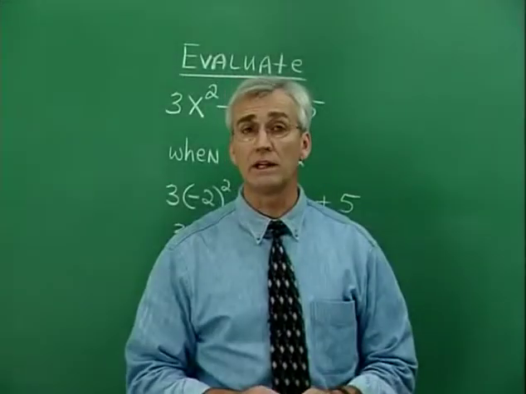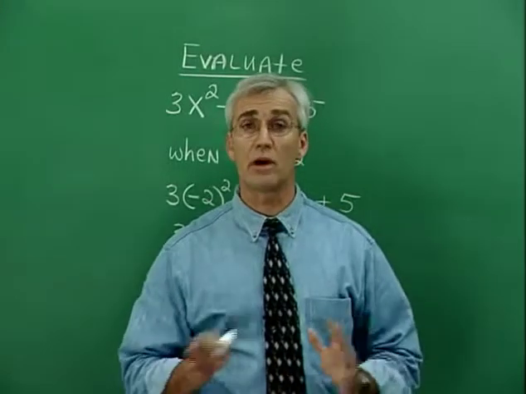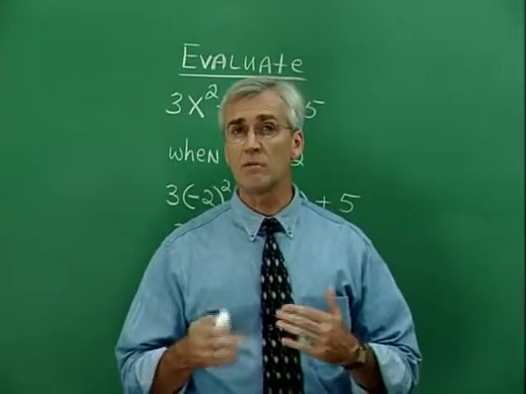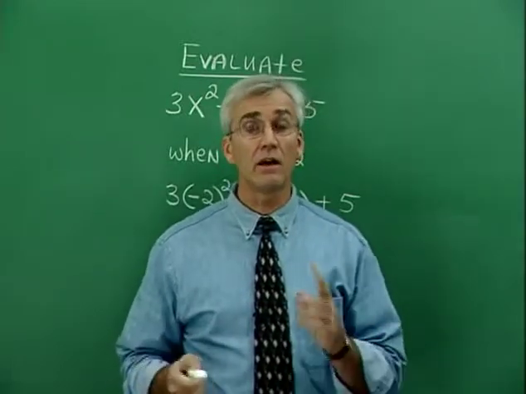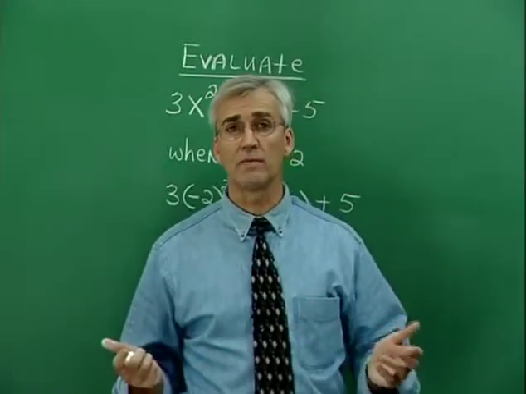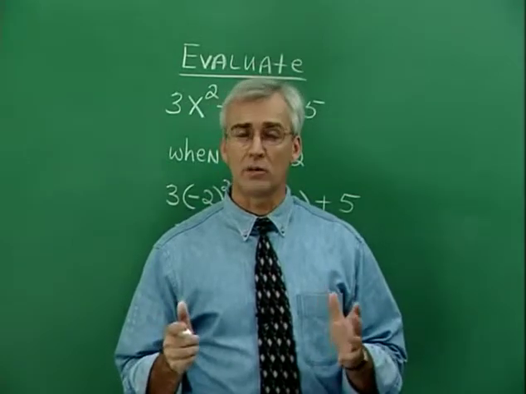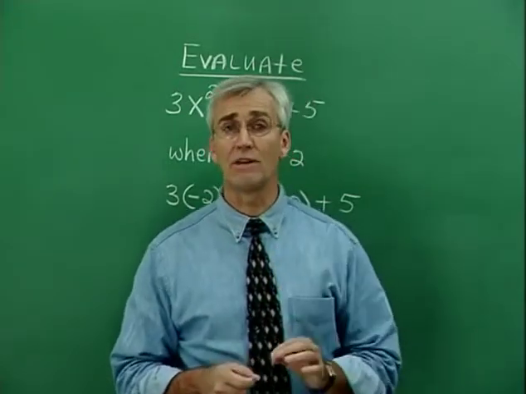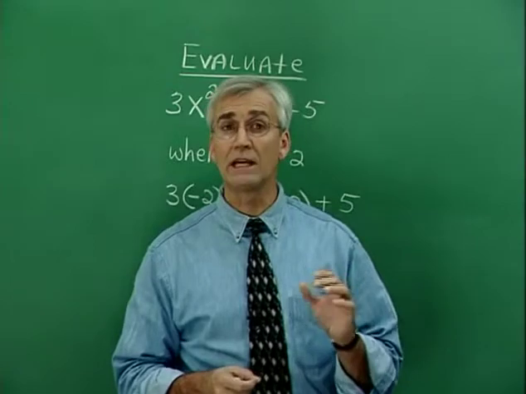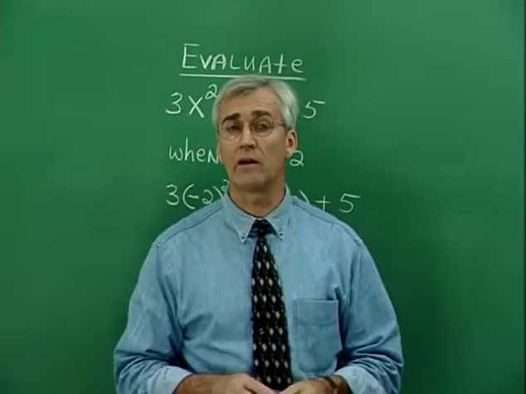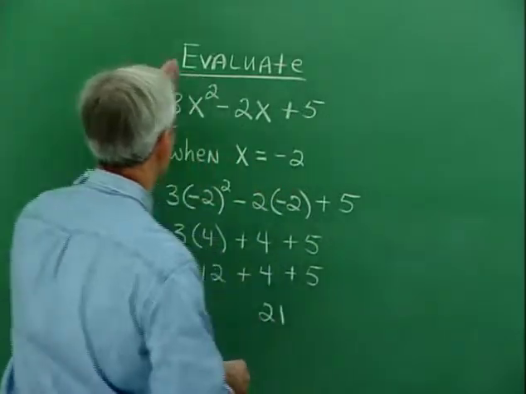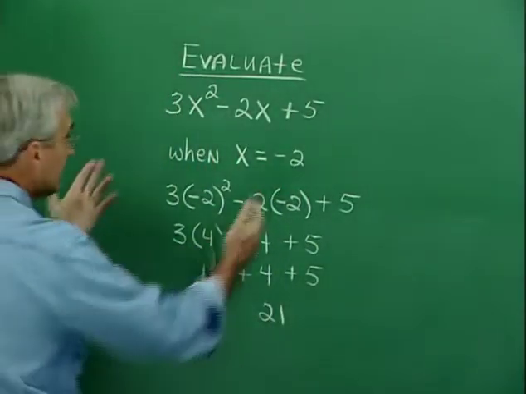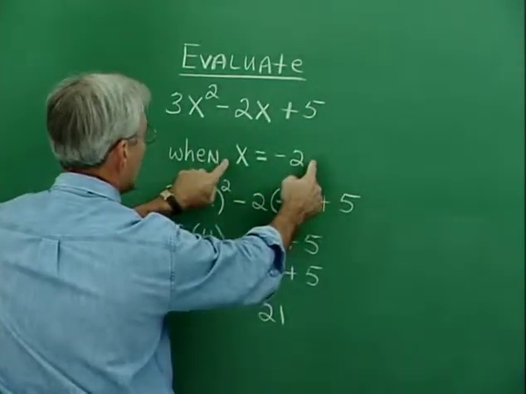There are fundamentally two things that we do with expressions. One thing is to simplify them, to manipulate them in some particular way. And another thing is to evaluate them. When we evaluate expressions, we are finding the value of the expression when we are presumably given the value of some letter or letters that appear in the expression. Here, for example, if we want to evaluate this expression, we're given here the value that x is negative 2.